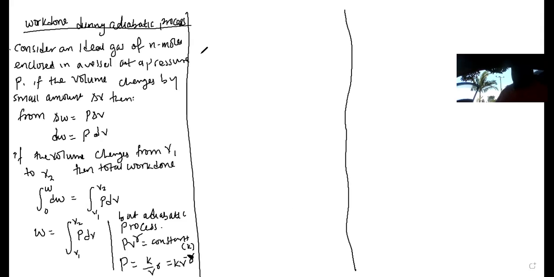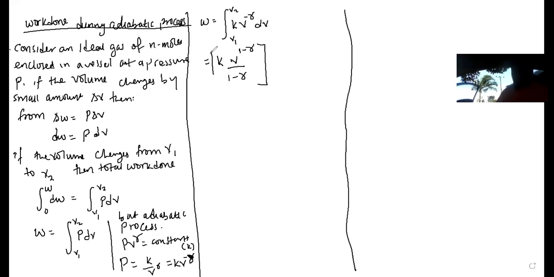Now, when I substitute that P up there into work done, I'll have work done is equal to the integral of K V power negative gamma from V1 to V2, integrated with respect to V, whereby when we integrate this, we shall have K of V power 1 minus gamma divided by the new power, which is 1 minus gamma.